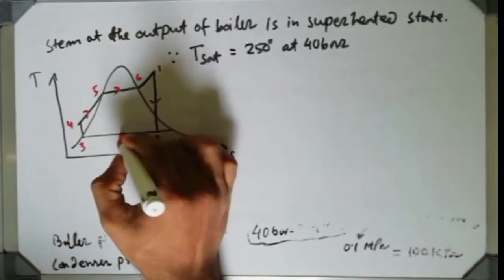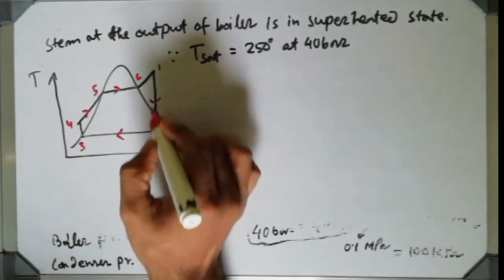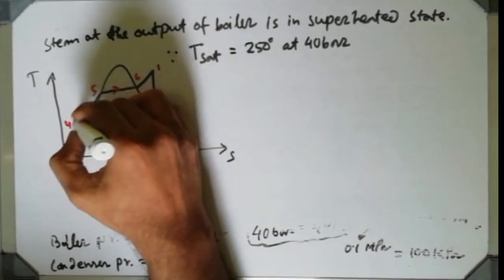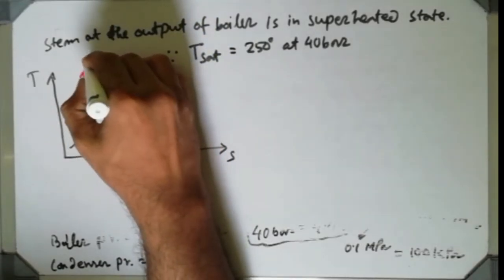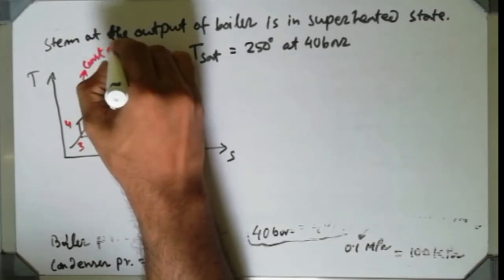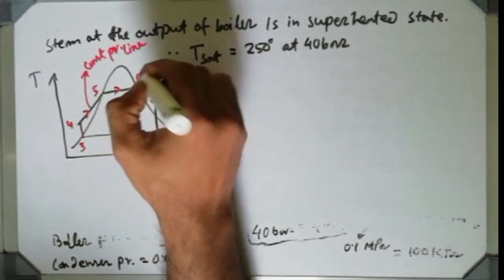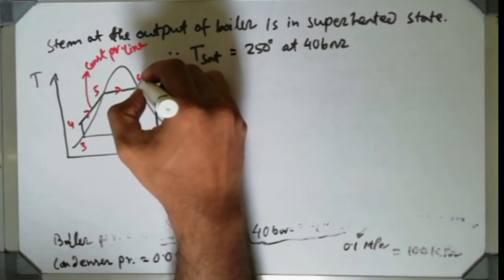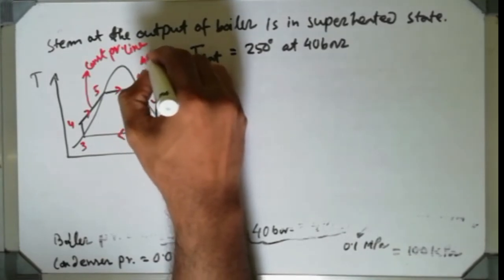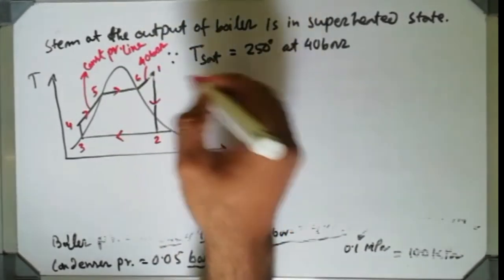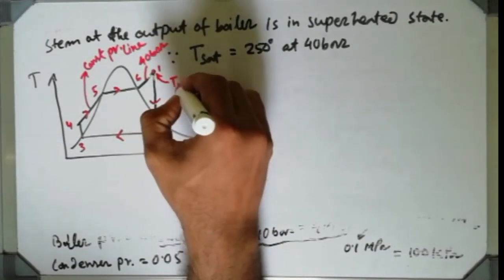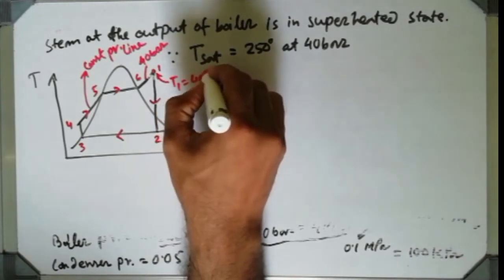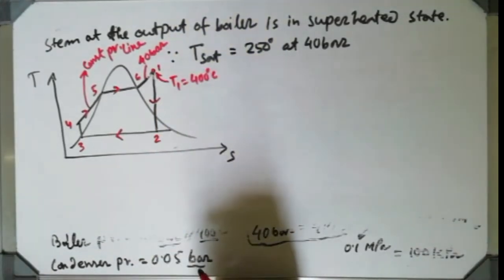This line represents a constant pressure line, mind it, and in this problem that pressure is 40 bar, and the temperature at point 1, T1, is given as 400 degrees centigrade.